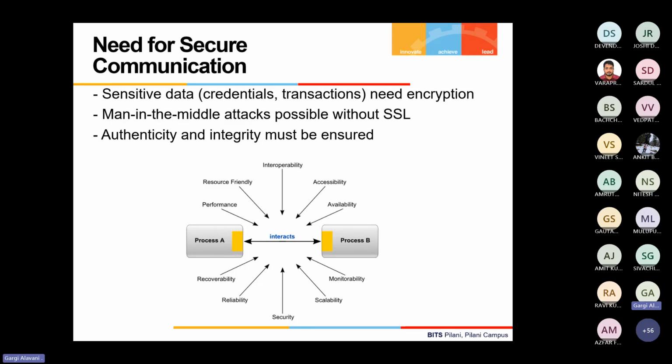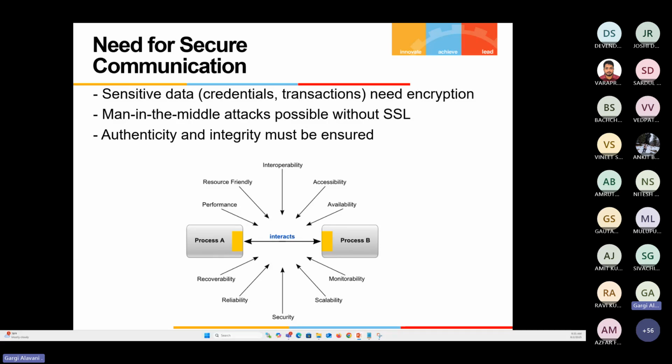Even if you do not alter, using that data is also another issue that can happen. So man in the middle attacks can affect the data that is being transferred, and hence we need secured communication, something like SSL or TLS, which will ensure that the data being transmitted is not tampered with.